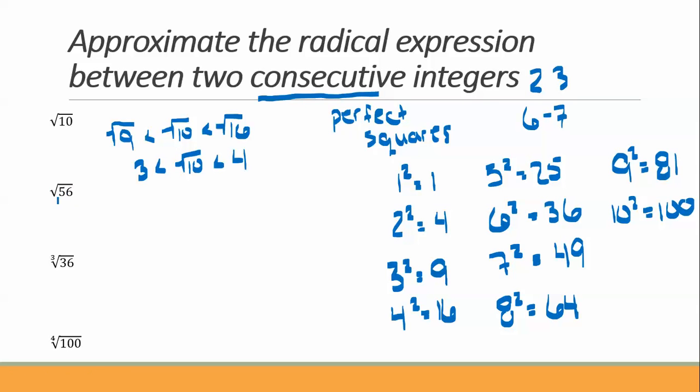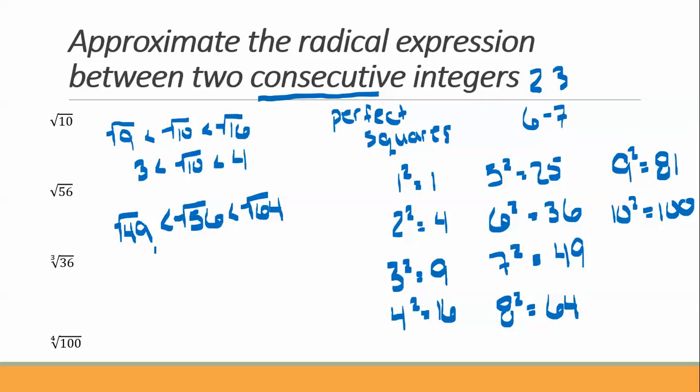So looking at the square root of 56, we still want perfect squares because this is a square root, and we want to find the 2 that 56 is between, the 2 next to each other. So 56 is between 49 and 64. So the square root of 56 is between the square root of 49 and the square root of 64.